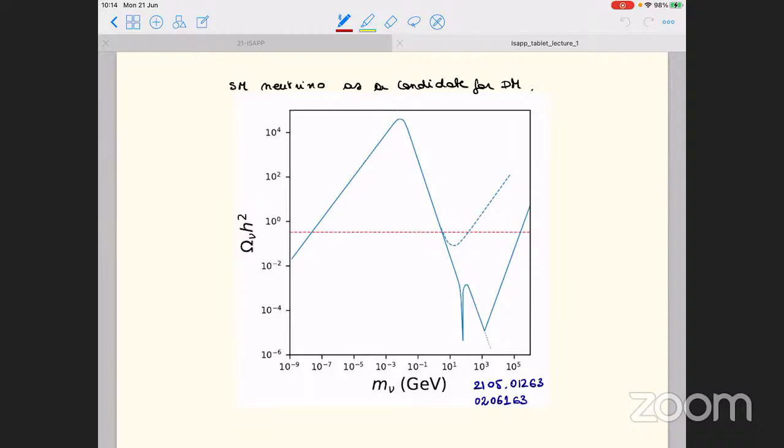On the y-axis you see the relic abundance of neutrinos as a function of the masses of the neutrinos. And if you look at the scale here, in GeV, it goes up to 10 to the 5 GeV. So you will tell me, my God, the standard model neutrino cannot go up to this very high mass scale.